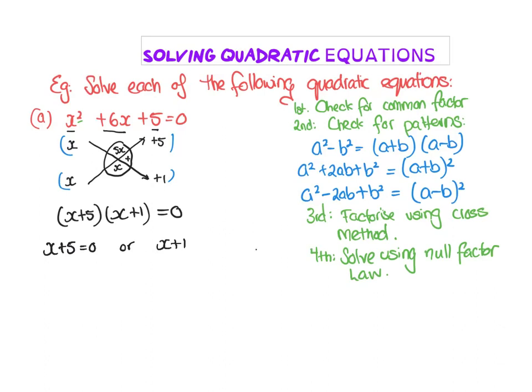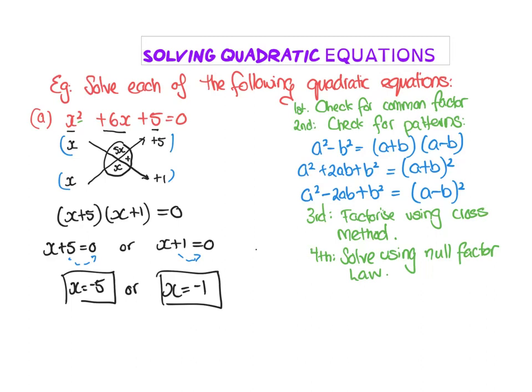Remember with quadratics, we could have more than one answer. Then you keep rearranging those little equations to get x by itself. So you move the thing over, and we get x equals negative 5. That's one answer. Or x could equal negative 1. That's our two possible answers.